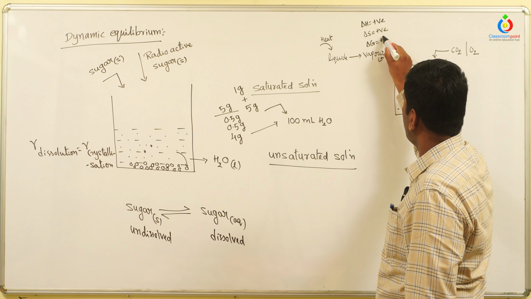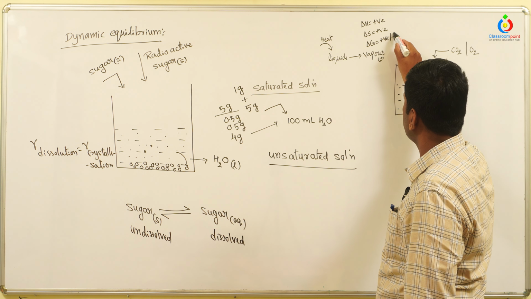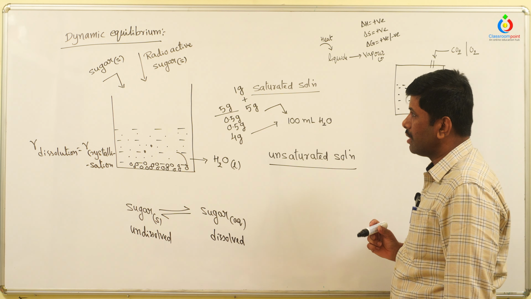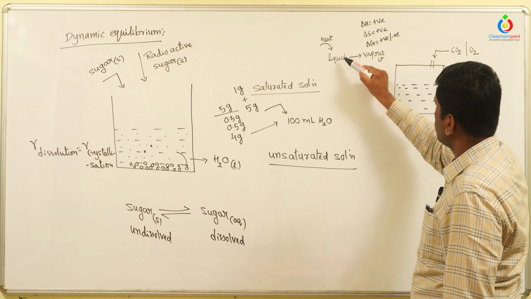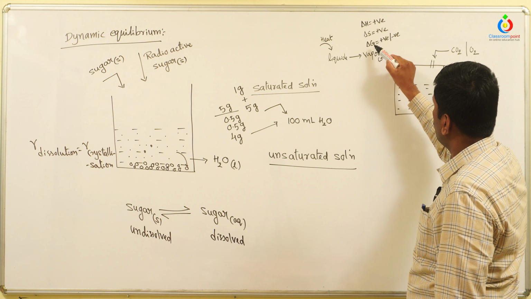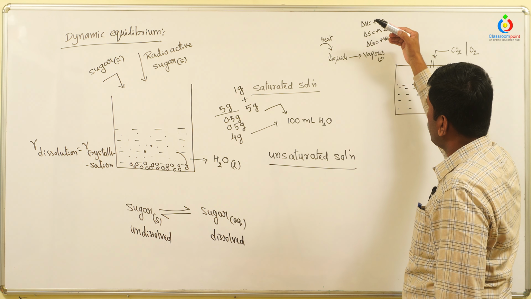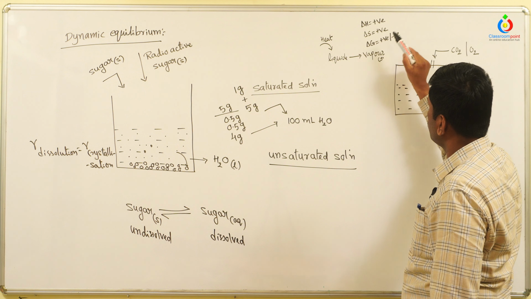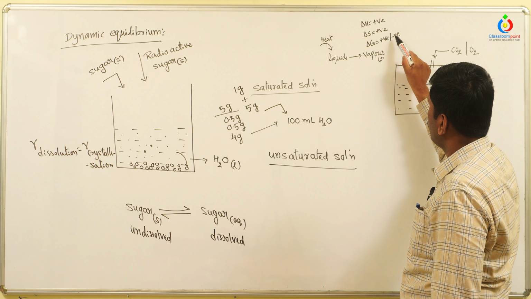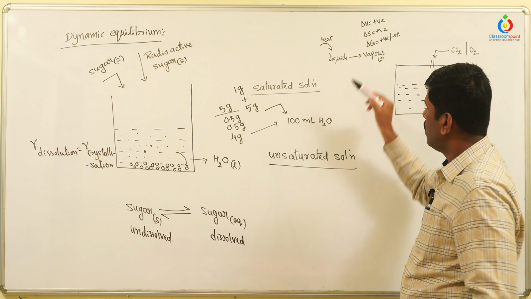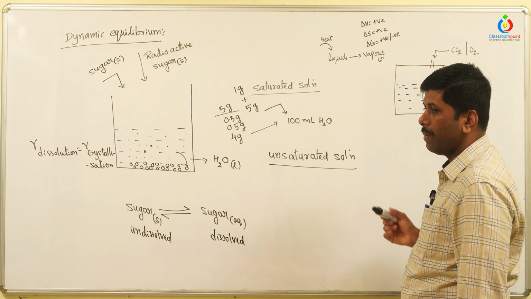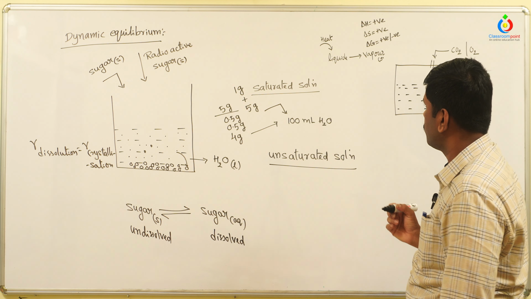Delta G may be positive or may be negative. It depends. Since the process is endothermic, delta G becomes negative if temperature increases. If temperature decreases, delta G becomes positive. Delta G negative means the process is spontaneous. Delta G positive means the process is non-spontaneous.